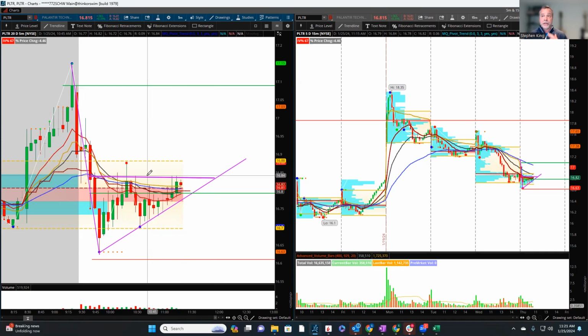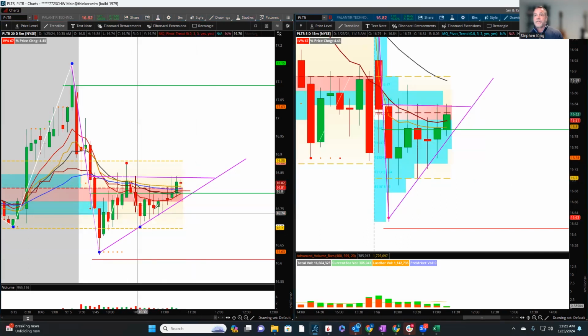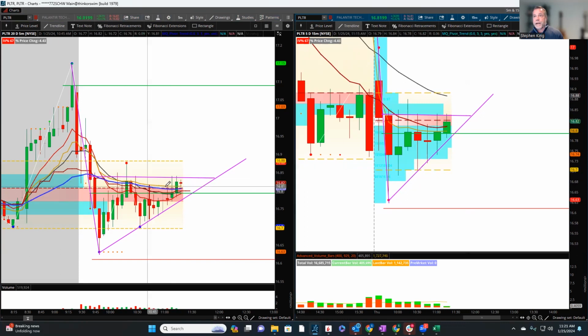1684. If we can get a close above that, that's going to be a good sign. So again, 5-minute chart here, 15-minute chart here. And we're just waiting to see, as this continues to create pressure here, what price is going to end up doing. So as the trade is developing, I'm already starting to think about what is going to be my next move in terms of stop placement.